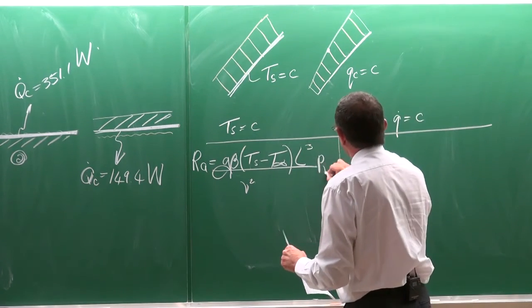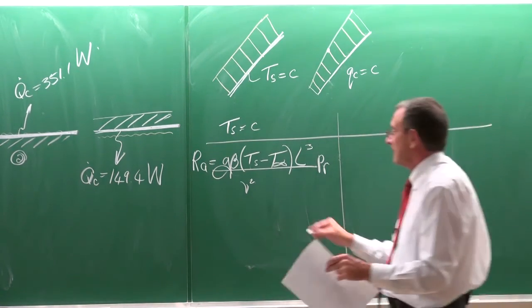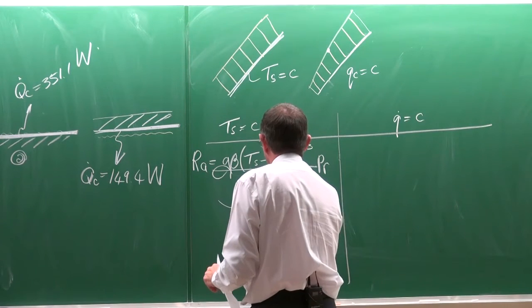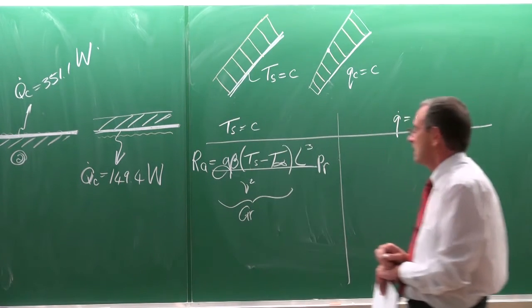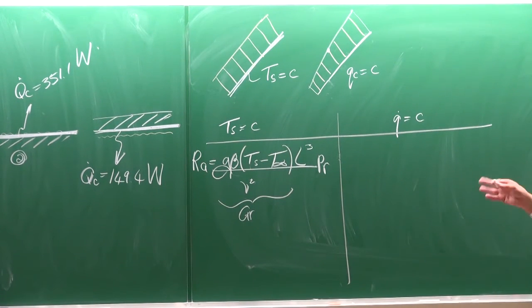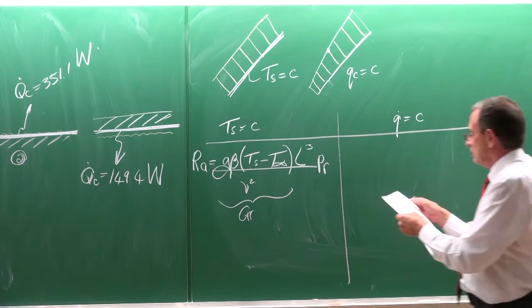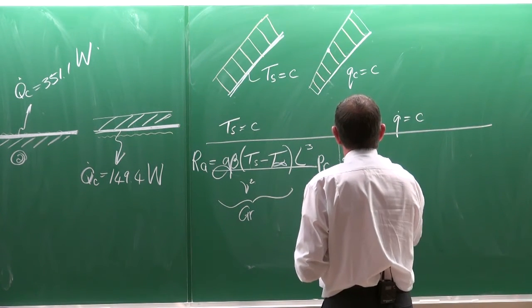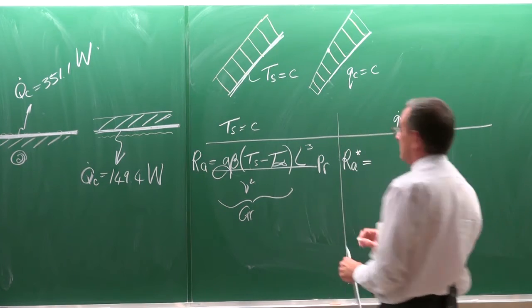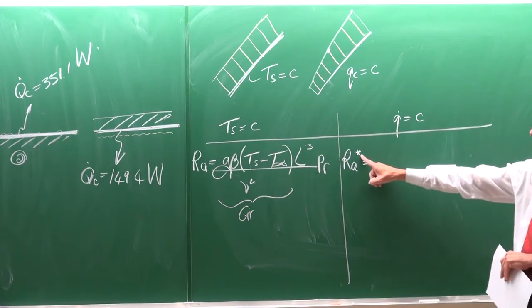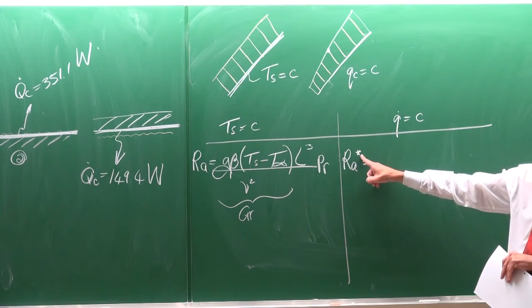You can multiply it with the Prandtl number, and that part is, of course, the Grashof number, as we've done up to now. But now what is being introduced here is this Rayleigh number.